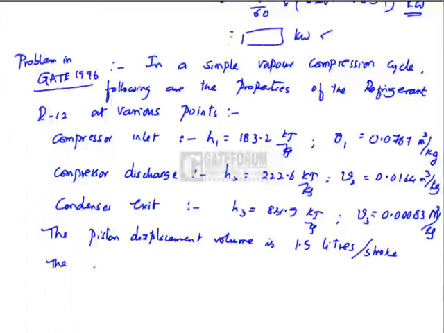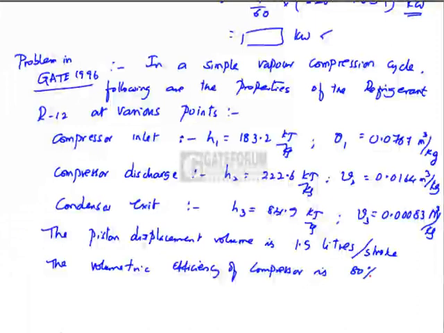The volumetric efficiency of compressor is 80% and the speed of the compressor is 1600 rpm.